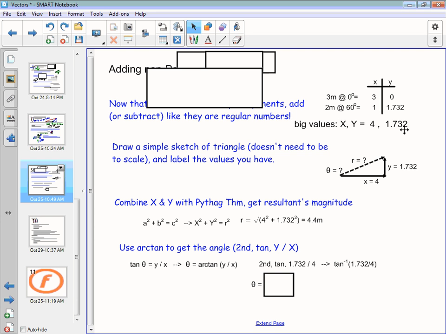Quick, quick, quick. Second tangent, y over x. 23.4. Yeah. Degrees. Excellent. Yes, yes.